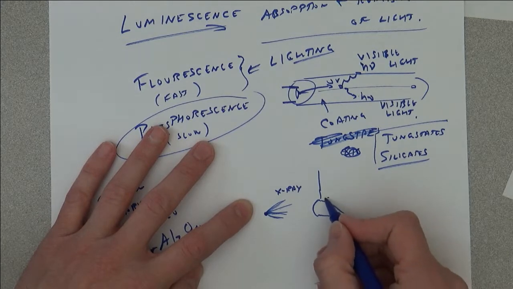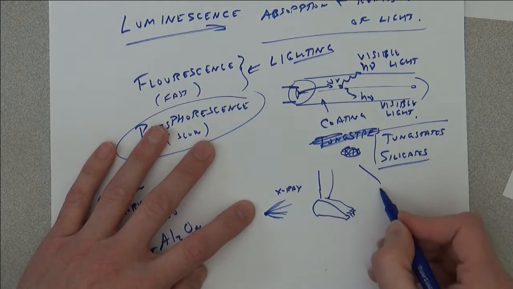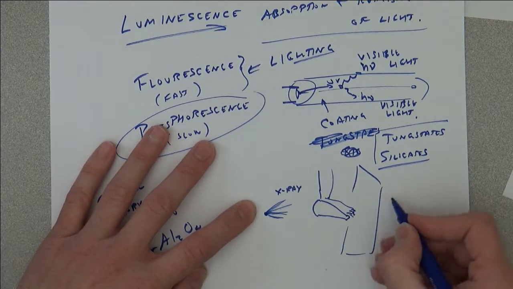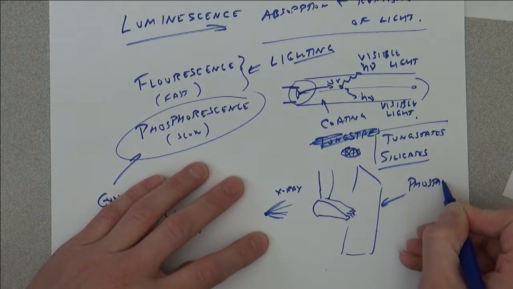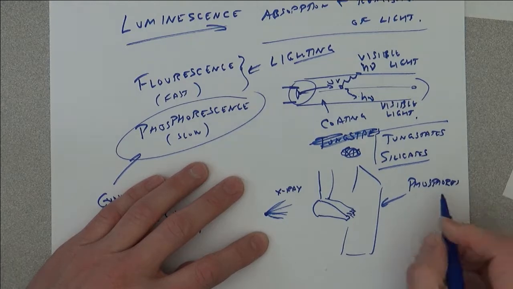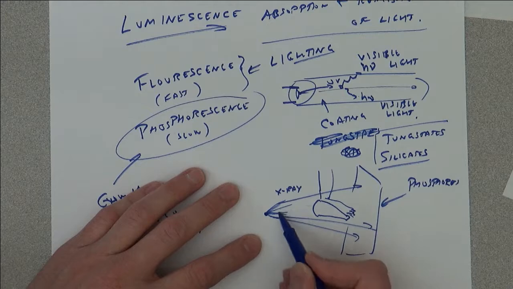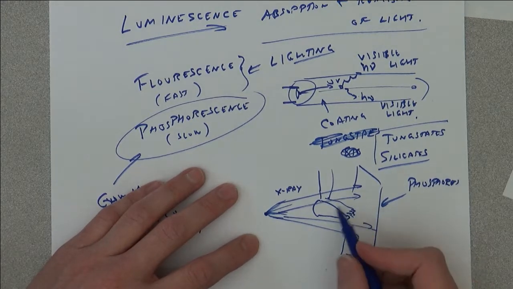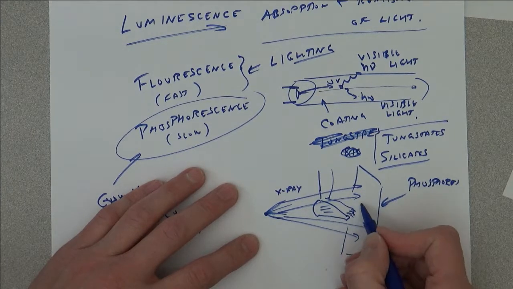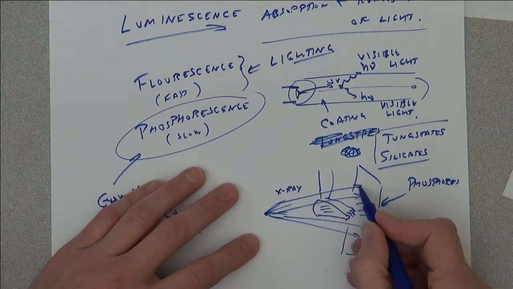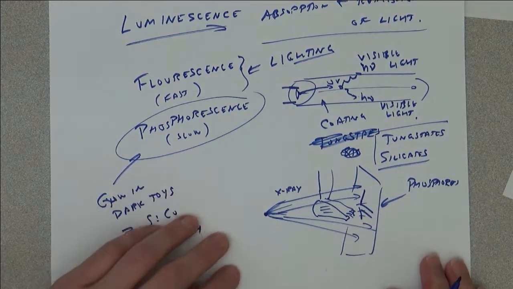Okay, it's not a very good foot. Toes there. And then here you'd have a phosphor screen. When the X-rays struck the screen, you would get light, and where you had your foot, you would get some absorption, and others would come out, and you get the shape of a foot.